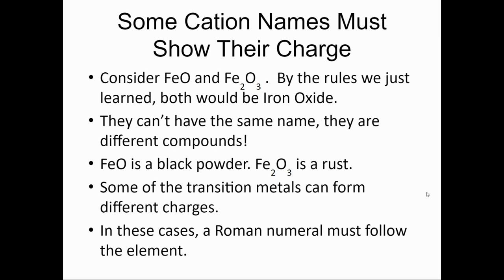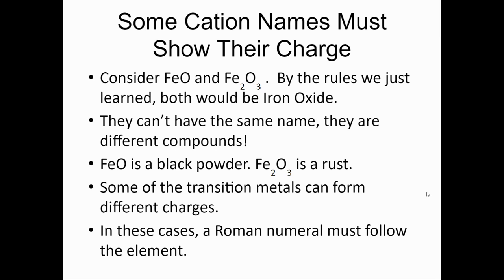Oxygen is the one that's accepting electrons. So iron is going to be the cation, and oxygen is going to be the anion. So by rule, it's iron oxide: oxygen, drop the suffix, add IDE. They can't have the same name because they're different compounds. There's a big difference between FeO and Fe2O3. FeO is a black powder and Fe2O3 is rust. So they don't even produce the same thing.